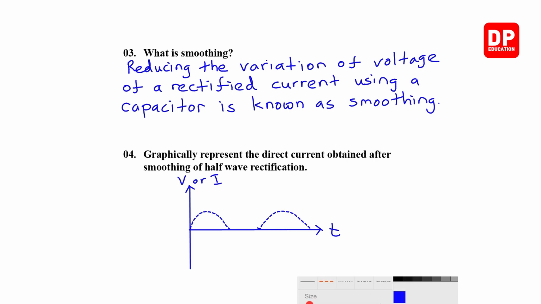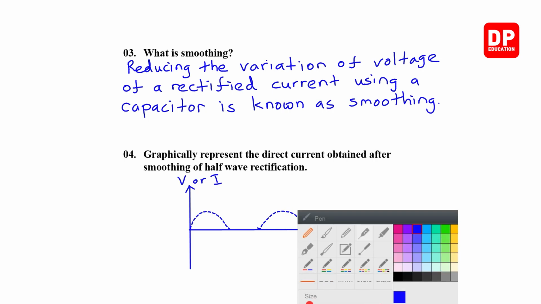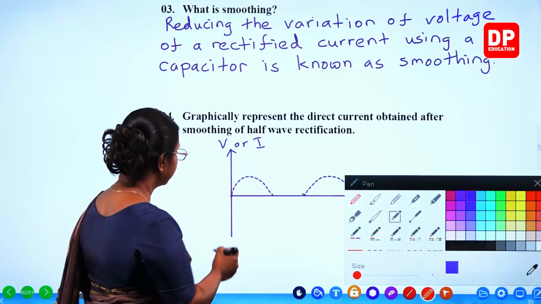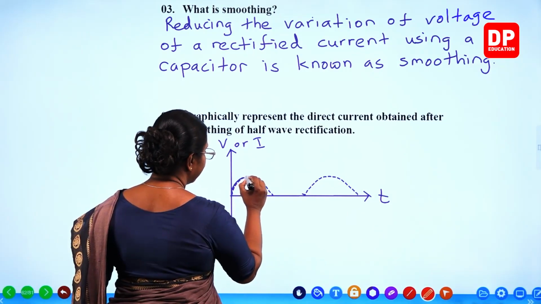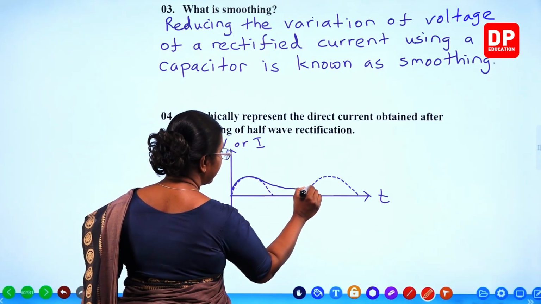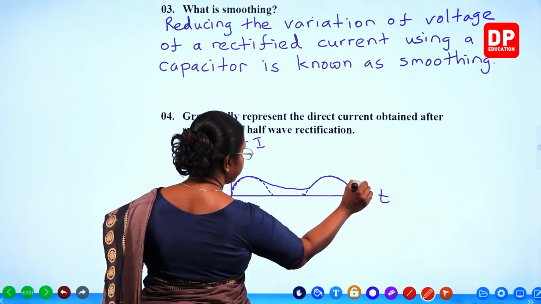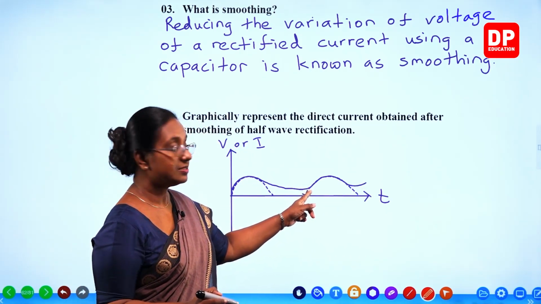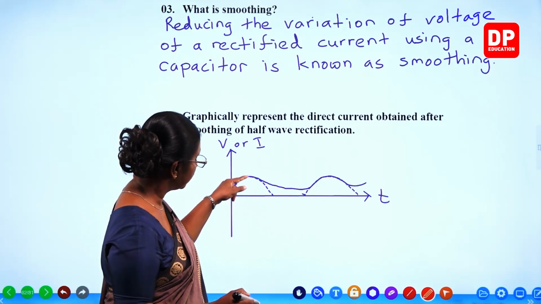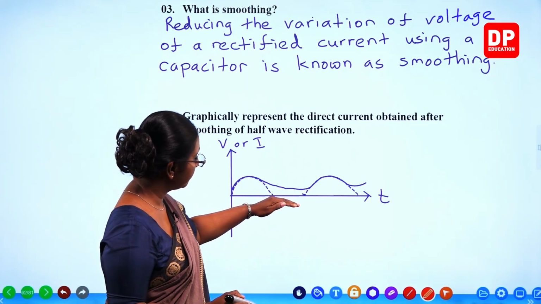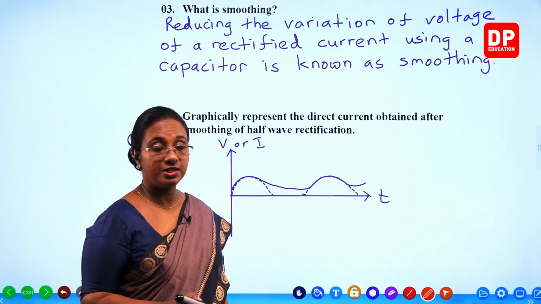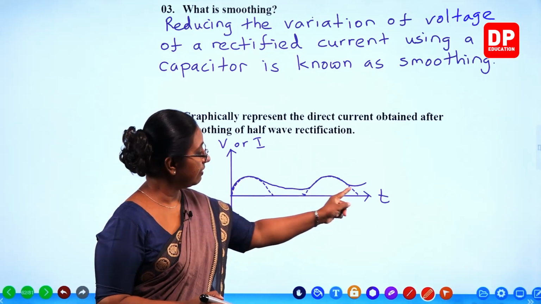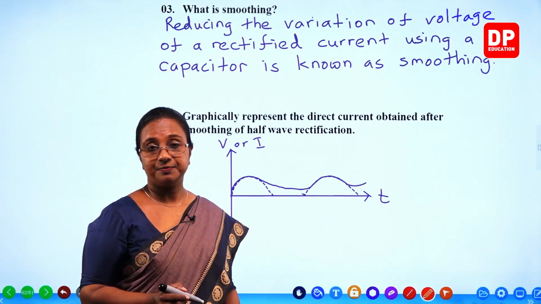You know the reason why I have drawn it in broken lines, because what will happen is it will get rectified, and when it is trying to drop, then the capacitor will function and it will discharge. Therefore, the voltage or the current will not come down to 0. Instead, it will fluctuate like that.